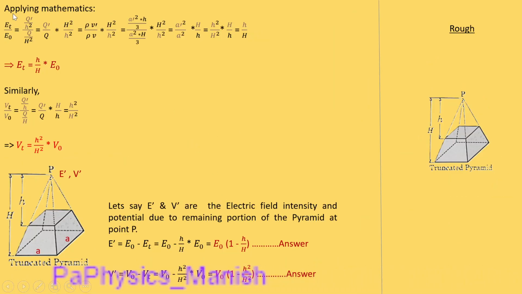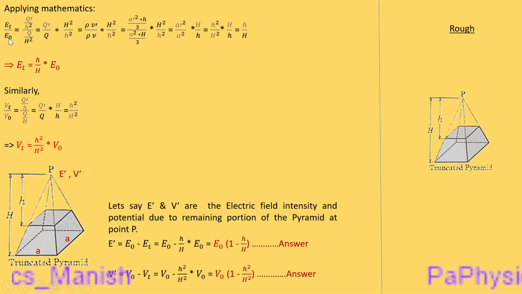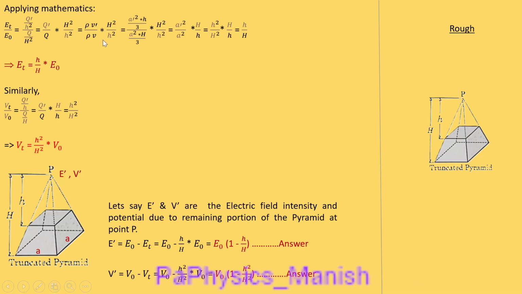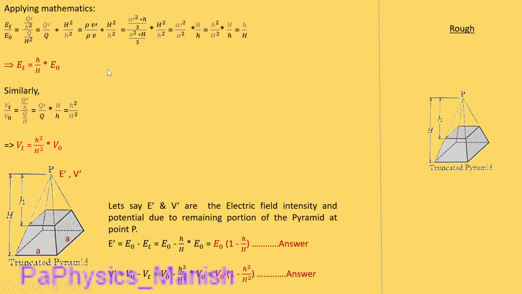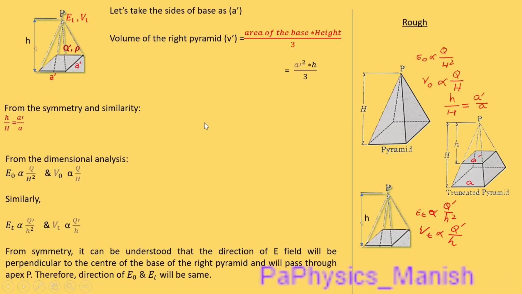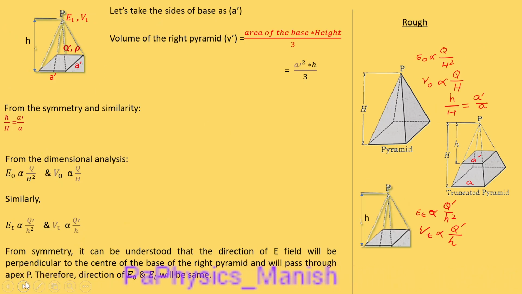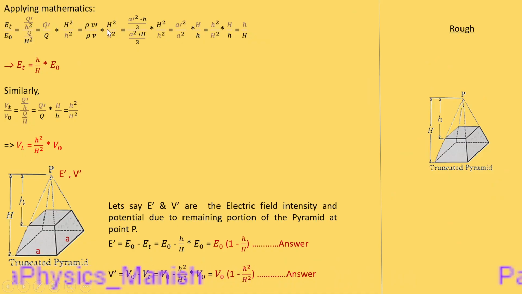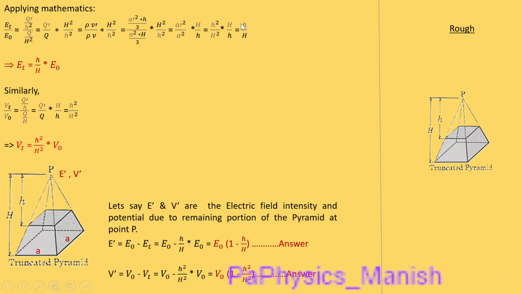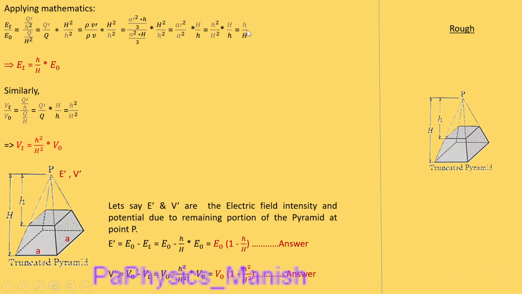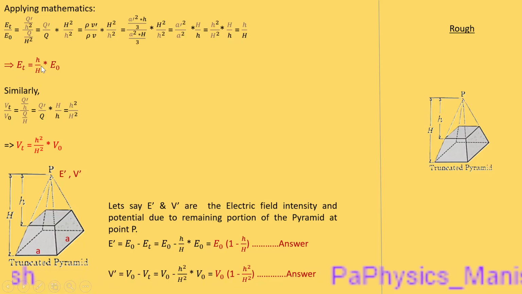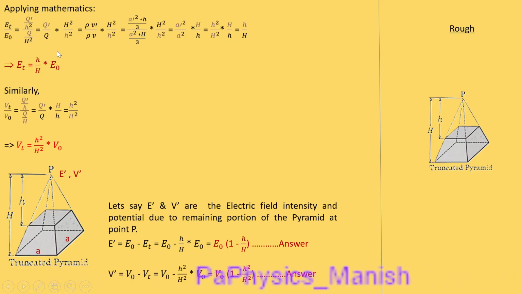So if we take the ratio of E t by E naught, putting all the values and using the previous equations, that is all the equations over here, you will get E t by E naught as small h by capital H. So E t will be small h by capital H into E naught.